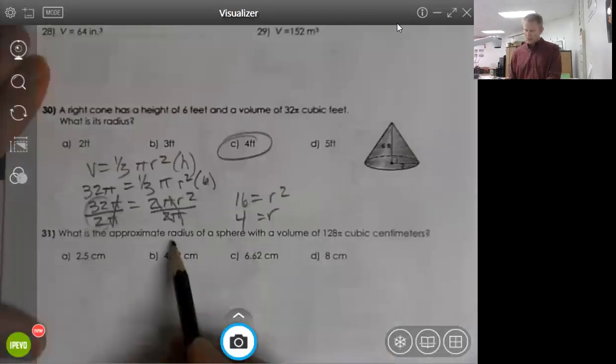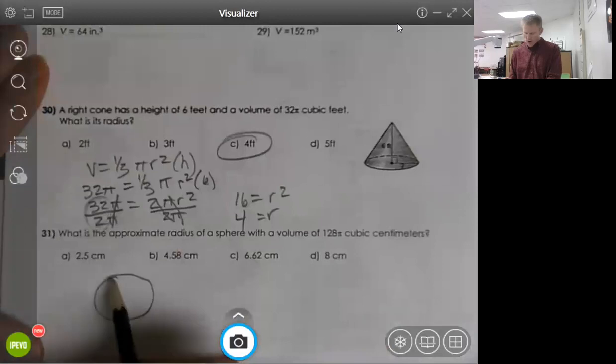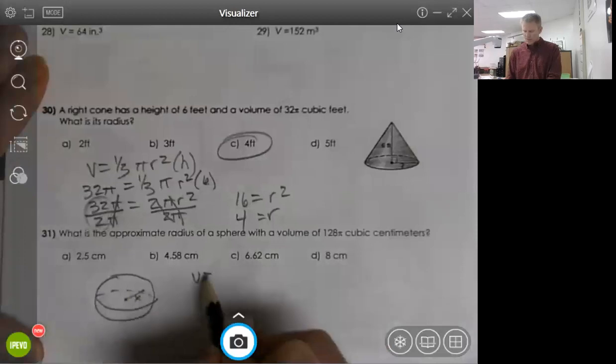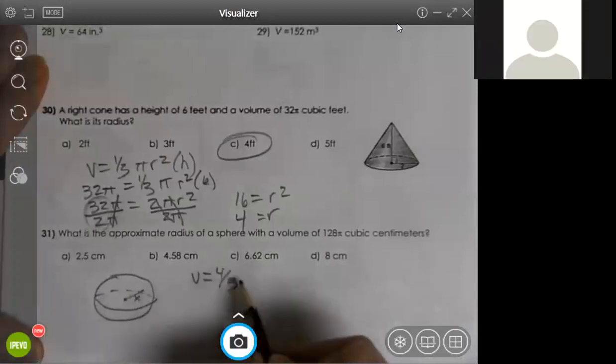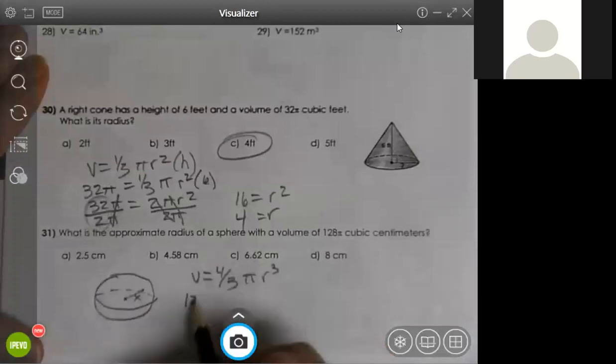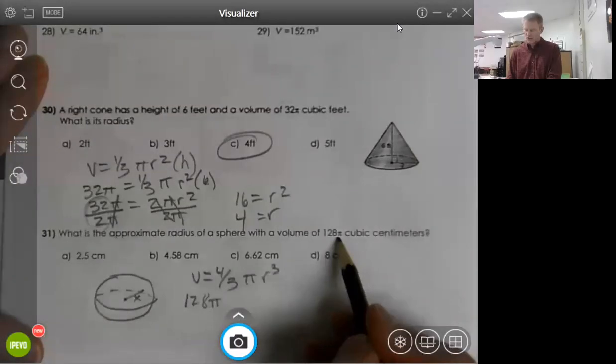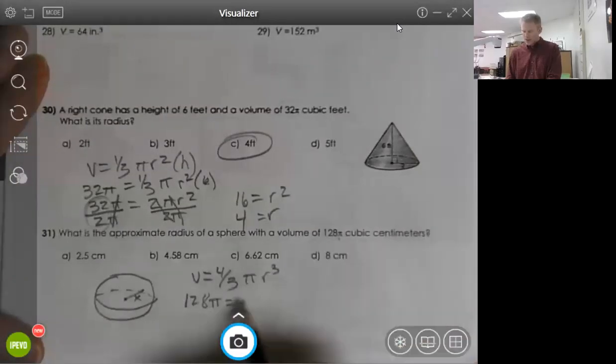What is the approximate radius of a sphere? Okay, the volume of a sphere is 4/3 pi r cubed. We've got 128 pi. Again, notice the pi symbol. It makes the calculation so much easier.